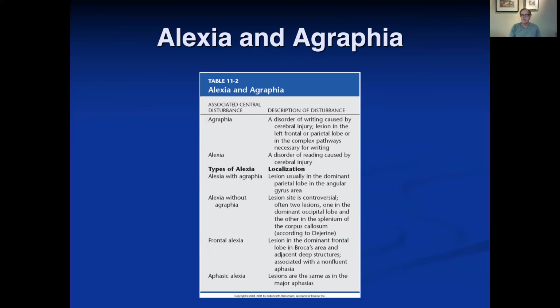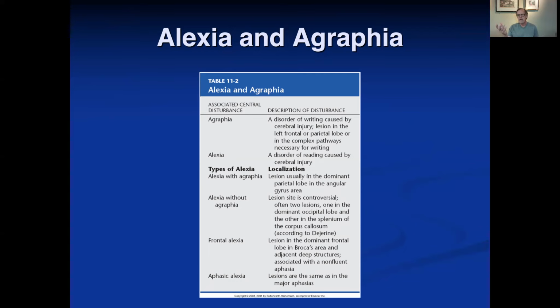You should only label somebody as agraphic if that's all they've got. In other words, they're speaking, they're understanding, they're reading, but they can't write. And it wouldn't be because of a paralysis. They demonstrate an inability to write which goes beyond any weaknesses they have in one extremity.